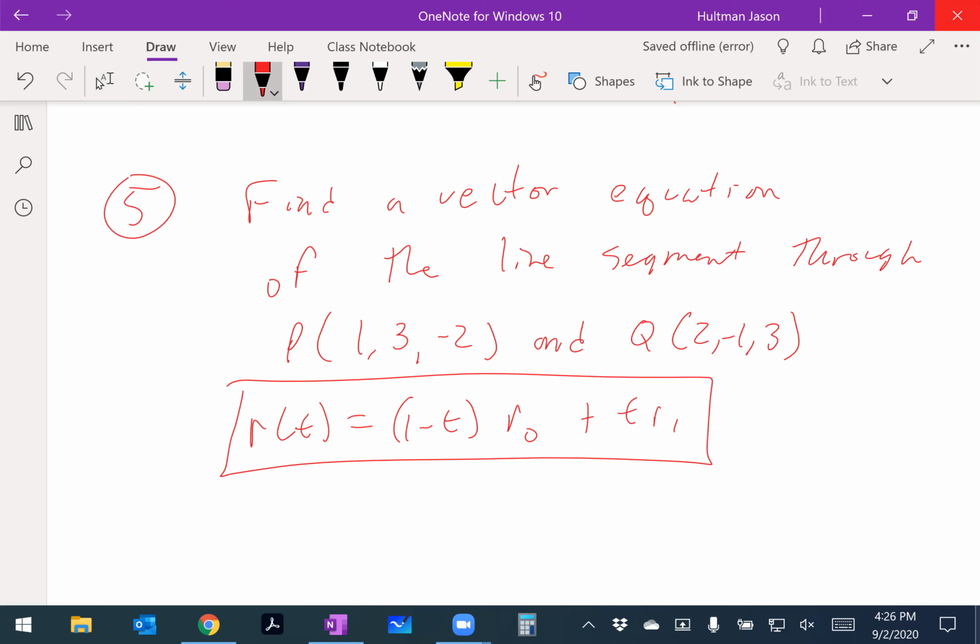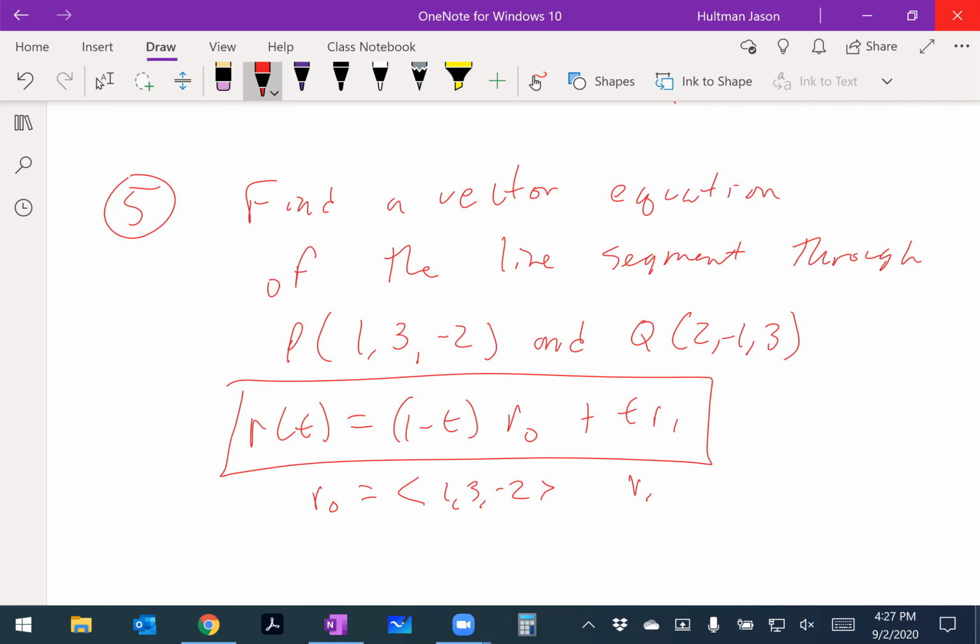Okay, so what's r naught in this case? Well, we're just going to let r naught be the vector from the origin to P. r naught is going to be equal to (1, 3, -2). Okay, what's r1? When t is equal to 1, we get r1.